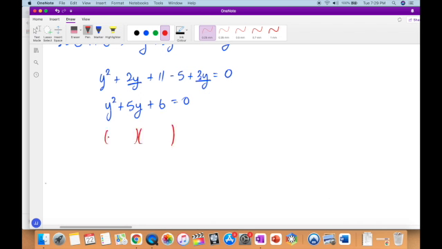The numbers are 3 and 2. So y plus 3 and y plus 2, because everything is added. So you can see here that 3y and 2y will give you 5y, and 3 times 2 is positive 6. And that is equal to 0. Therefore, y is equal to negative 3, or y is equal to negative 2.